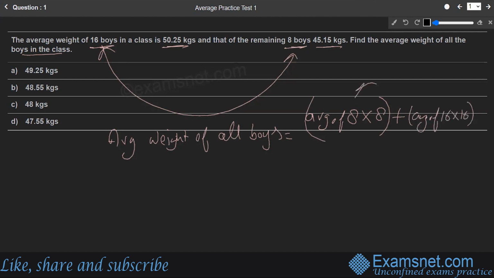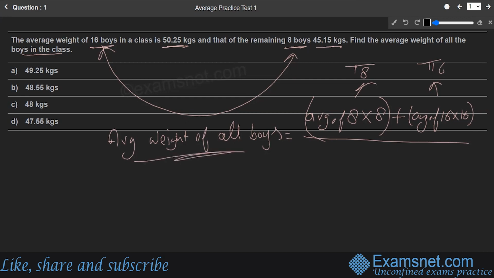This will give the total weight of 8 boys, and this will give the total weight of 16 boys. If you add them together, you get the total weight of all the boys in the class. And if the total of all the boys in the class is divided by the total number of boys, then we can get the average weight of the whole class together.